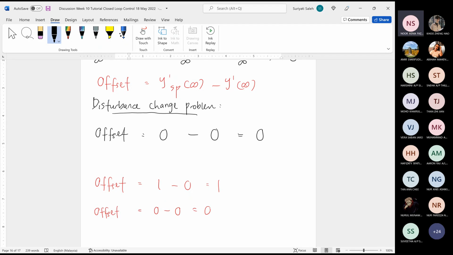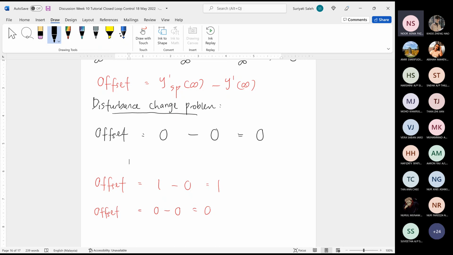Again, I repeat, this one is for the offset calculation in the case of disturbance change. In the disturbance change, we neglect the set point value. So when we neglect it, that means y prime sp infinity will be neglected, or in other words, become 0.